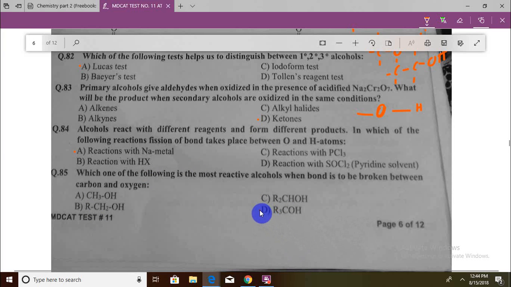And these questions about stability and what makes the OH bond or the CO bond most easily broken, they are repeated again and again, kind of like a pet question, so to speak. So it would be suggested that you read these with the utmost care.